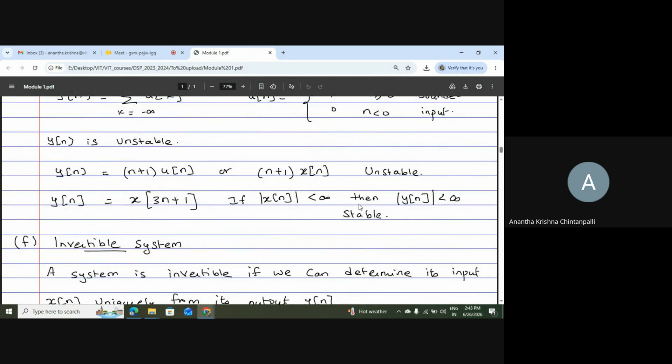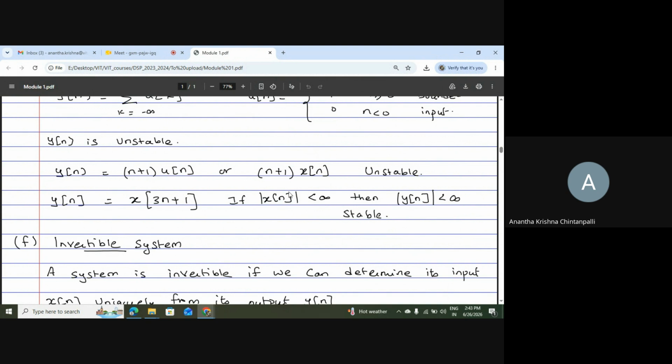Now y of n is equal to x of 3n plus 1. The input is bounded, meaning that the magnitude of x of n is less than infinity. If the input is bounded and you shift or scale, the y-axis values are not going to change.